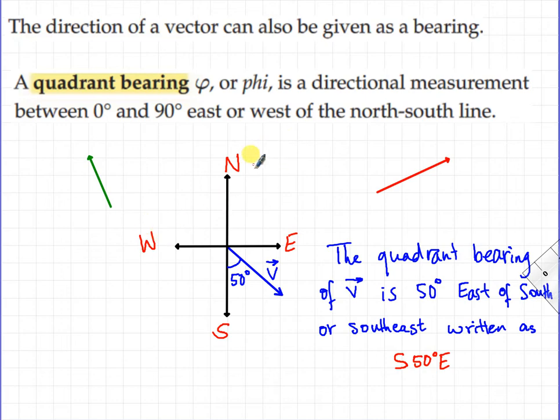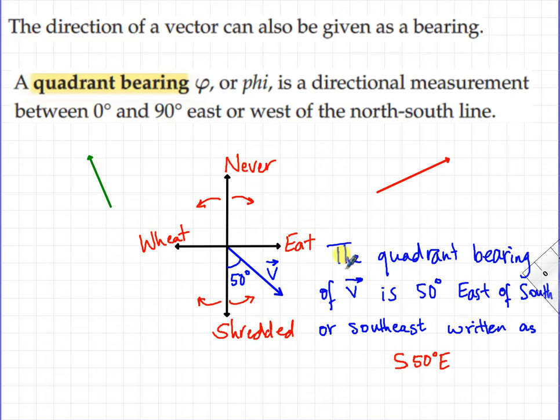You can remember them as never eat shredded wheat. So I have this reference line, north-south, and either I am to this side of north or to this side of north, or to this side of south or to this side of south. That's why it's always between 0 and 90 degrees.